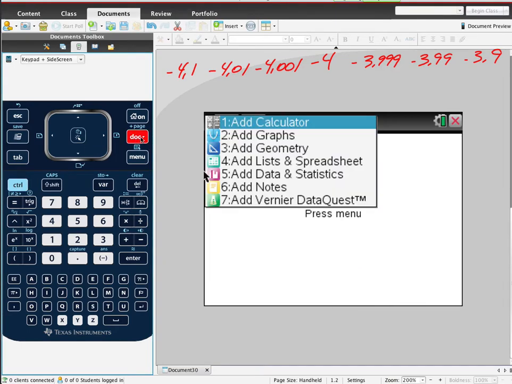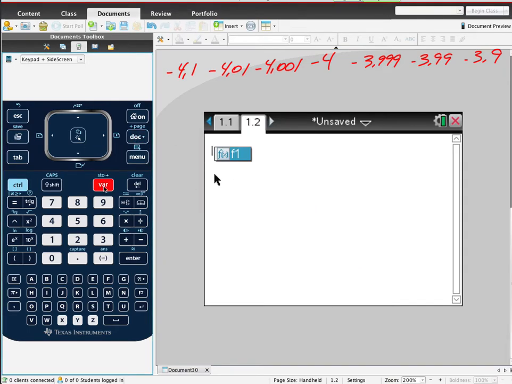So control doc, calculator, variable, enter, negative 4.1.